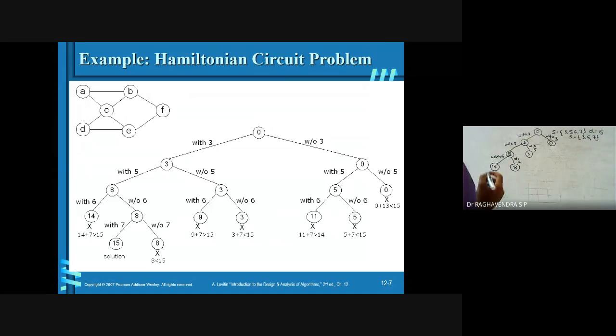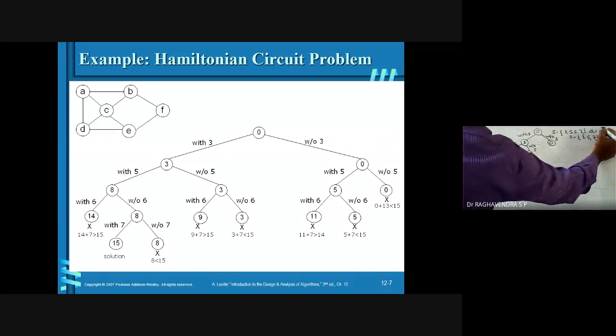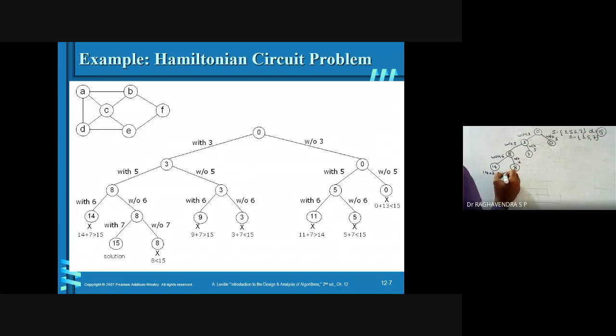The next element to be taken here is 7. If I take 7 here, 14 plus 7 is 21, which is greater than 15. So this is not a solution.